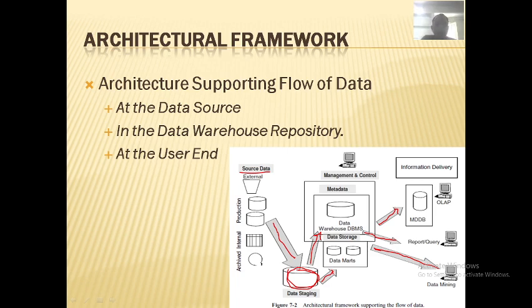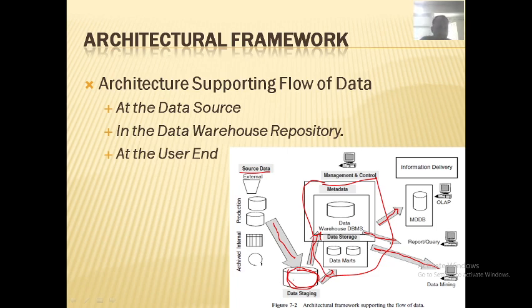Got it? And in the data warehouse repository, at this stage, what happens? The data storage architectural component includes loading the data from the staging area. See here now, preparation is done for the loading, but the actual loading has to take place.